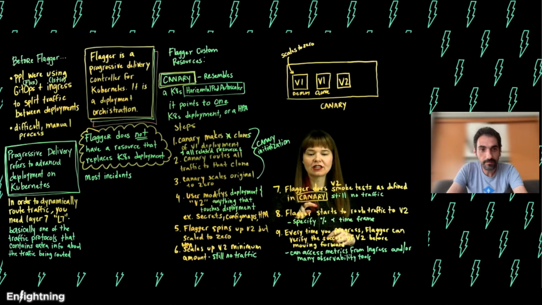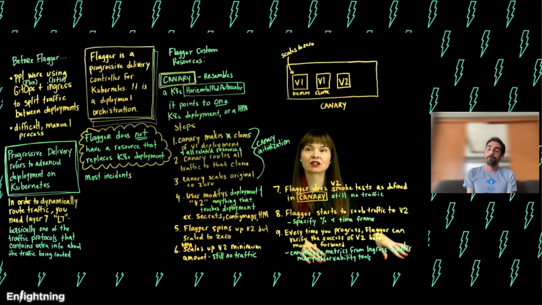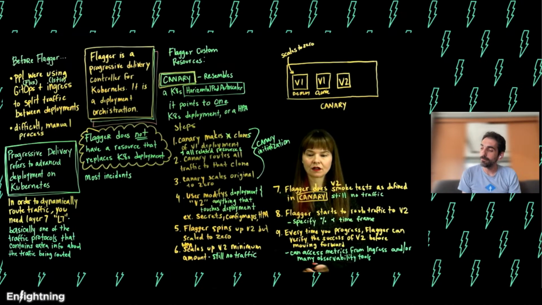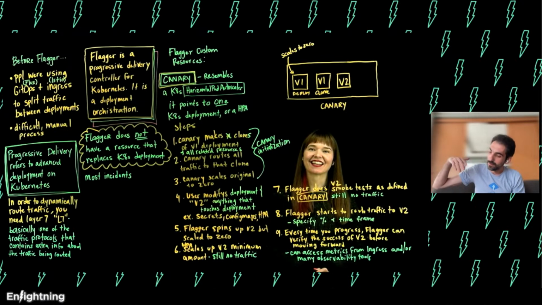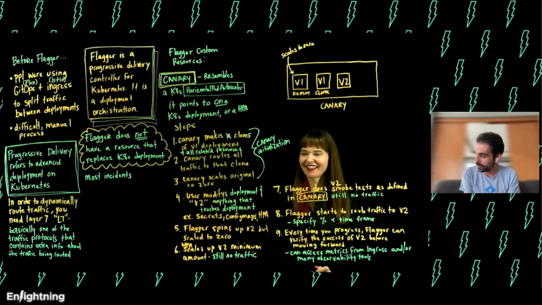And then does it just keep verifying, moving forward until it's successful? And all the traffic's going to V2? Not all the traffic. You can say add 5%, make sure all the metrics are in the prescribed thresholds, so you don't break, as I said, your service level objective.